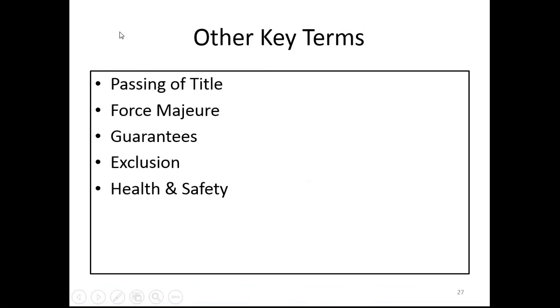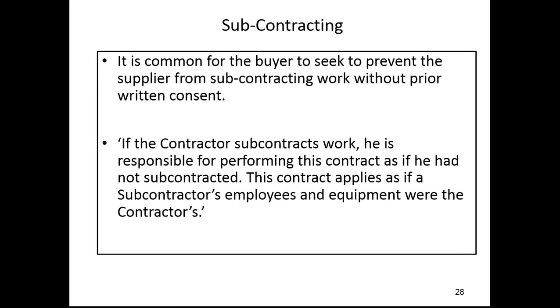All right. I've already mentioned some of these already, so I think I can possibly move past these. Other key terms there: passing of title when title belongs to somebody, legal possession, force majeure, etc. I think we can probably jump past that. A lot of companies will be very concerned about subcontracting when the supplier subcontracts elements of the work.